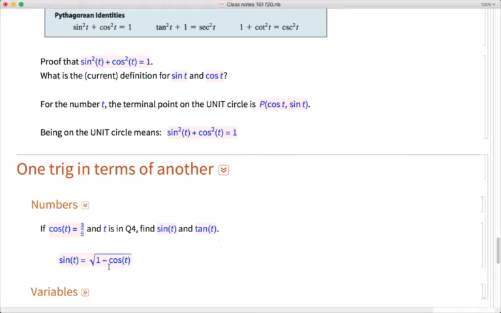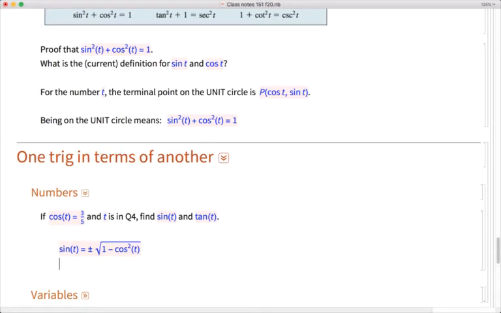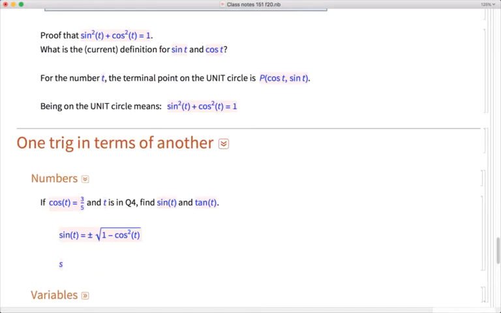Sine of t is equal to the square root of 1 minus cosine of t squared. Gotta get my square in here. And this is plus minus.